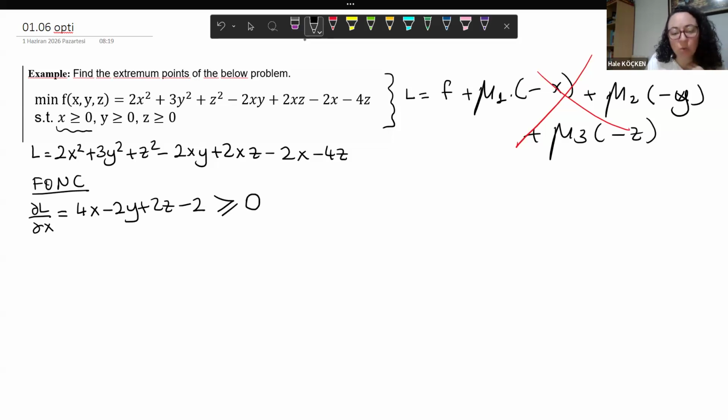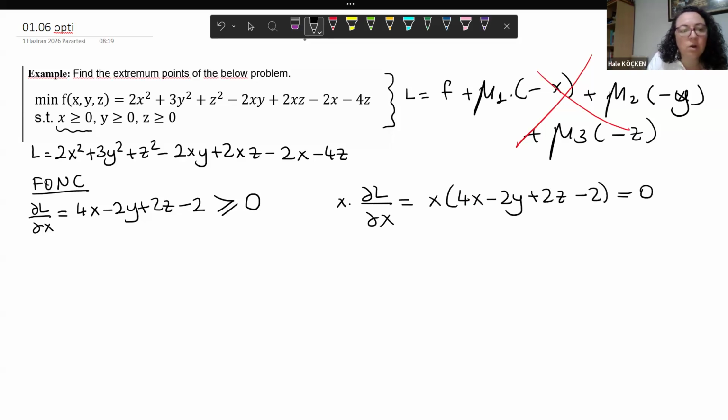I didn't write the equality. It is greater than or equal to 0 that I discussed in title 3. And also, of course, by this way, I can use the left part. And also, x times dL over dx, which is my complementary condition. x times 4x minus 2y plus 2z minus 2 is equal to 0.